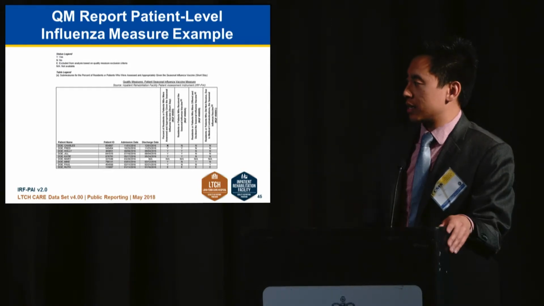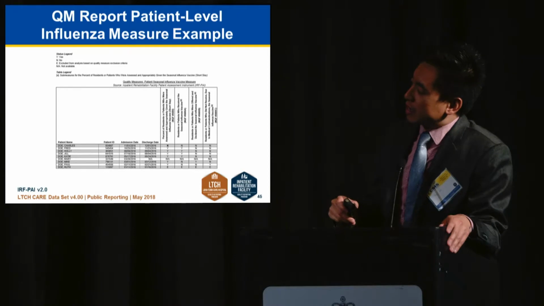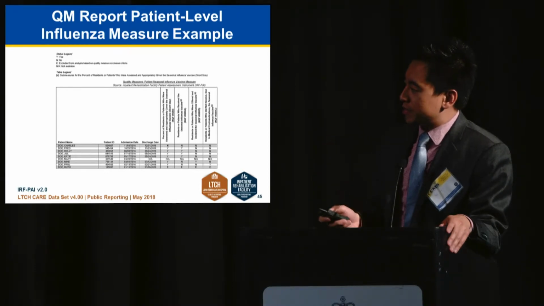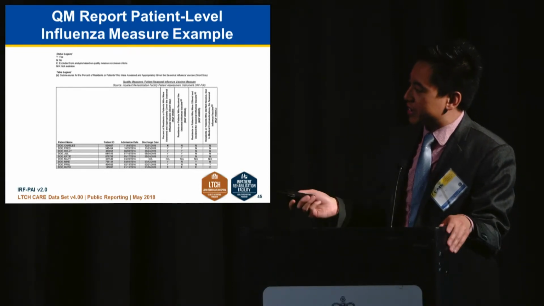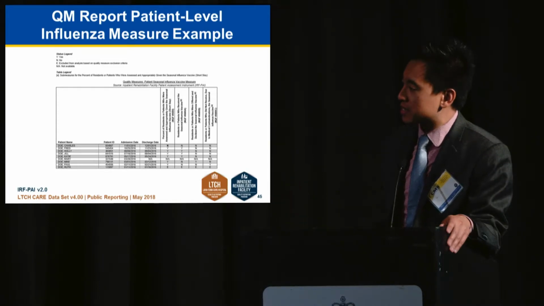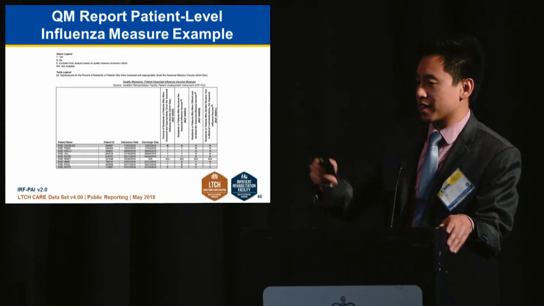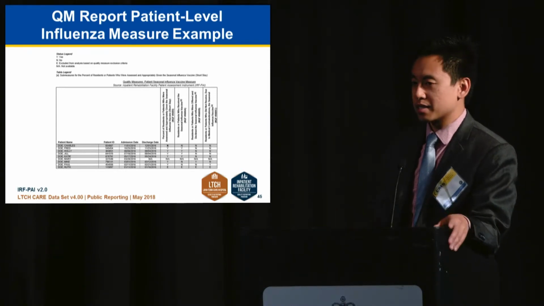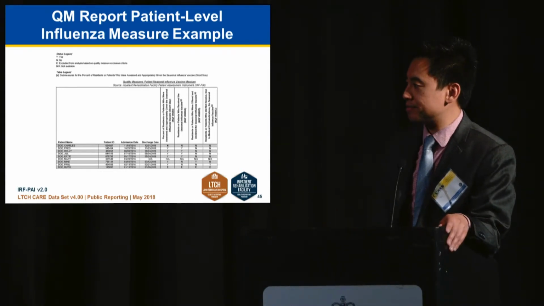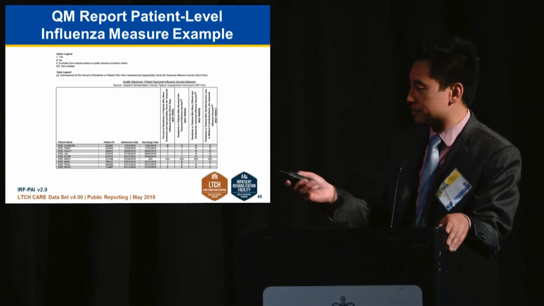To be included in the numerator for the influenza measure, the patient must have been administered the vaccine, had a contraindication, or, I think, refused the vaccine. So if one of those sub-measures is yes, then the overall measure is considered a yes. It works a little bit differently.